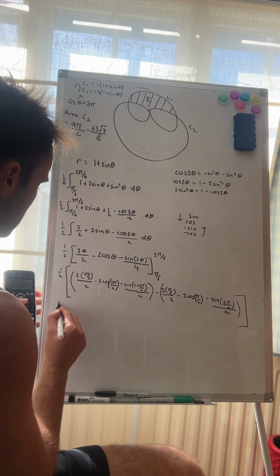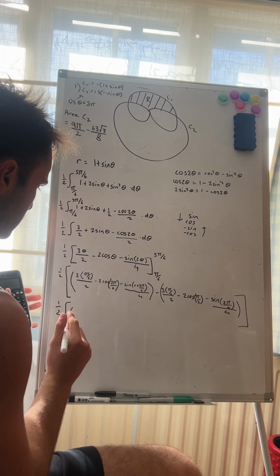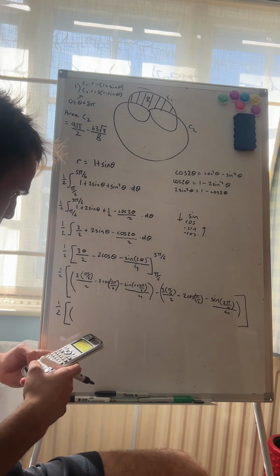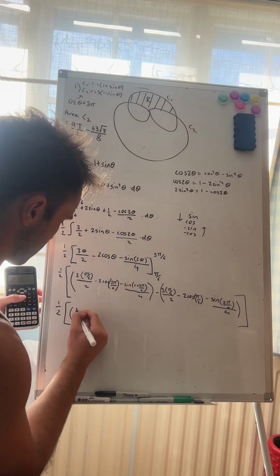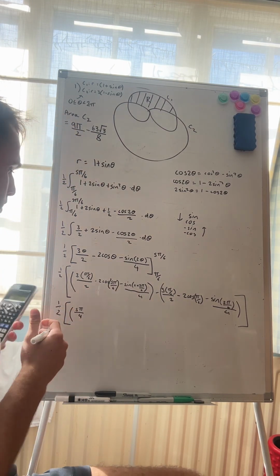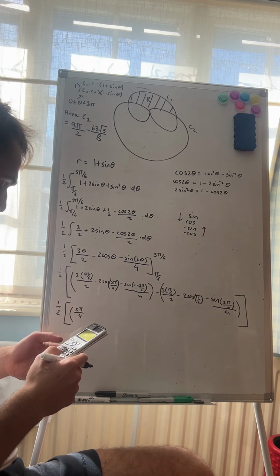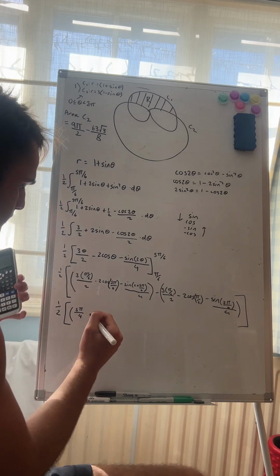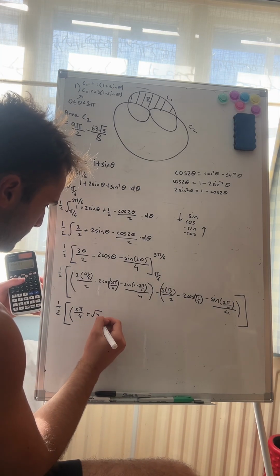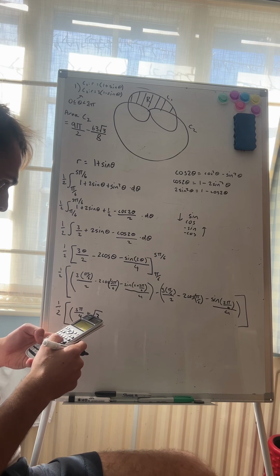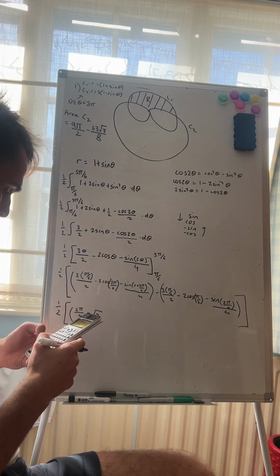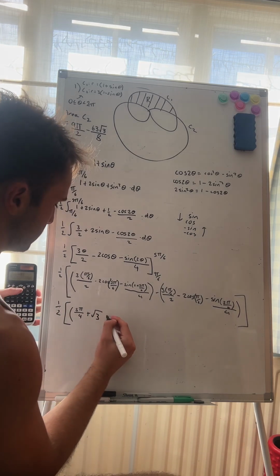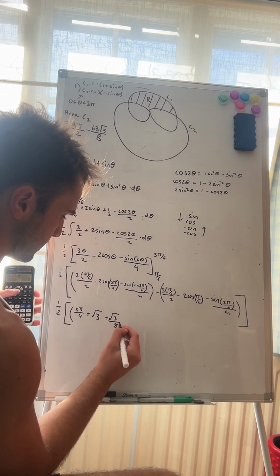So this is a half of, what's this? 3 times 5 pi over 6 over 2 is 5 pi over 4, minus 2 cos 5 pi over 6 is root 3. And minus sine of 2 times 5 pi over 6 all over 4 is plus root 3 over 8.